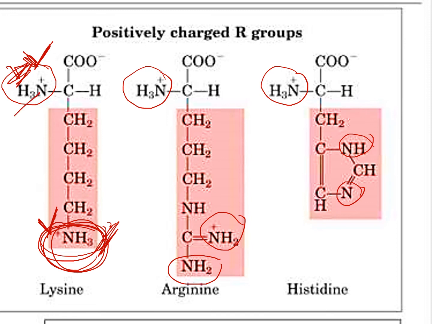This is an amino group, and this is also an amino group. So whatever the behavior of one amino group will be the same behavior that we will observe in the other amino group. Same with the arginine molecule, and same with histidine. This one and this one will have the same behavior.